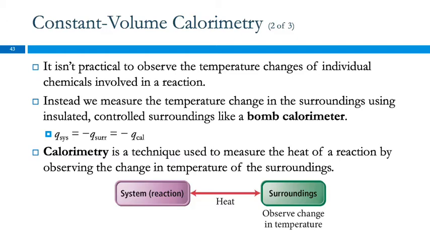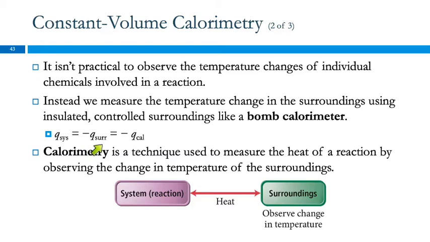And if we design that carefully, we can say, well, there might be a tiny bit of loss of energy, but essentially it's all going to stay here. So one thing we can use is called a bomb calorimeter. So Q for the system is equal to negative Q for the surroundings. Right, so the system loses heat, the surroundings gain. The system gains heat, the surroundings lose. Same number, just change the sign.